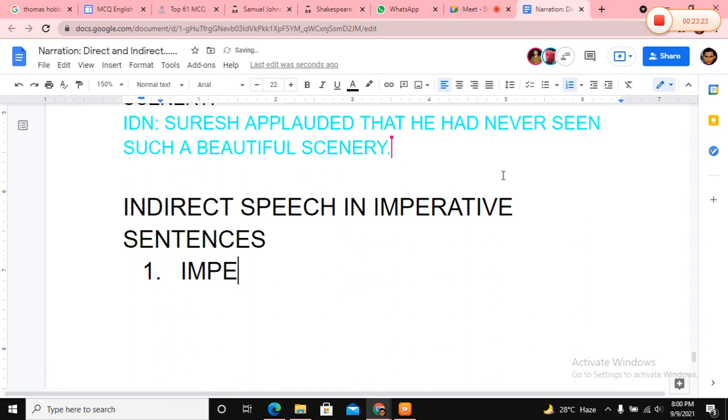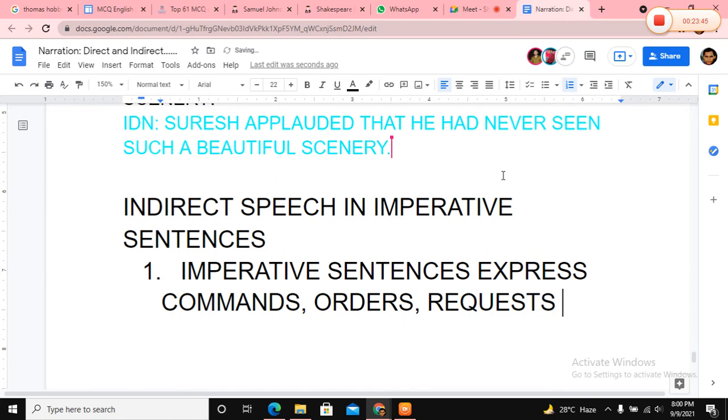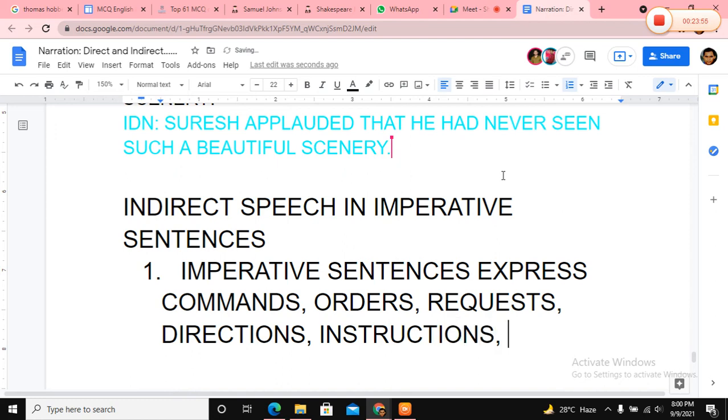Imperative sentences express commands, orders, instructions, requests, directions, suggestions, and advice.